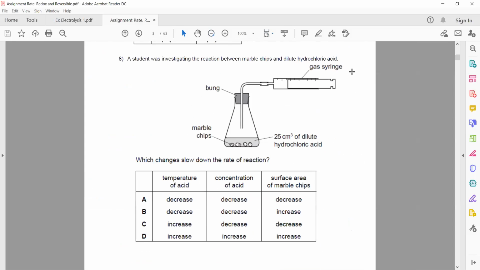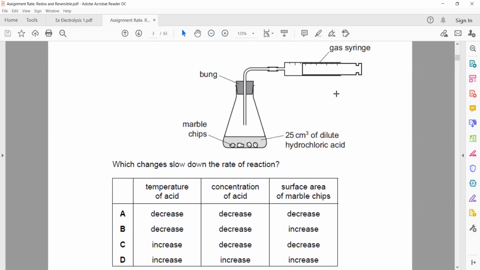A student was investigating the reaction between marble chips and dilute hydrochloric acid. Which change will slow down the reaction? Keep in mind, in the question they mentioned slow down, not speed up.